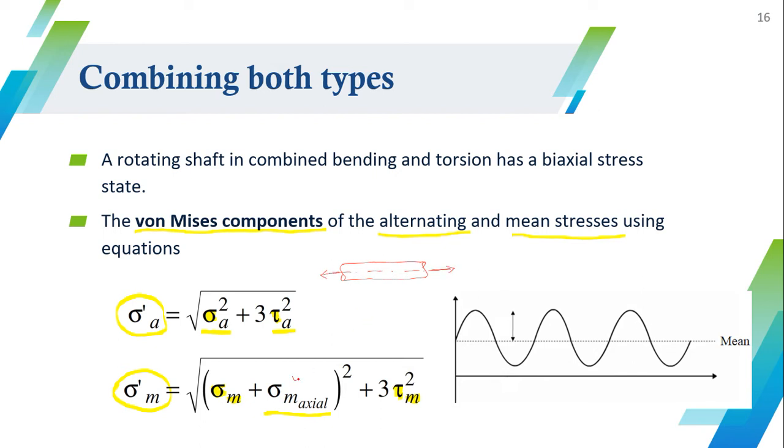Then we have this component sigma m axial, otherwise this component is 0. So this expression becomes similar to this one. Generally we do not have these axial stresses. In most of the problems that you will encounter, it will be very rare that we have axial stress, so this component could be 0 in most cases.